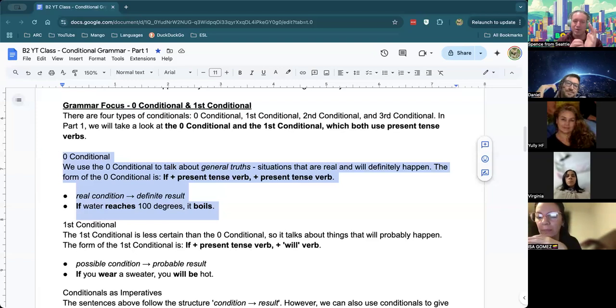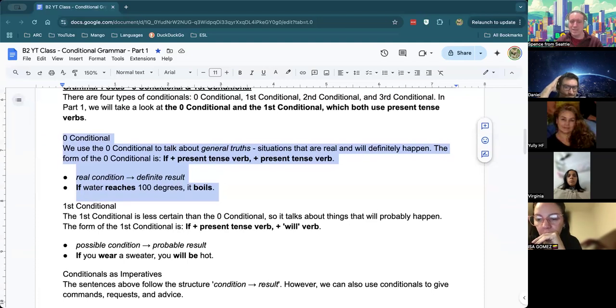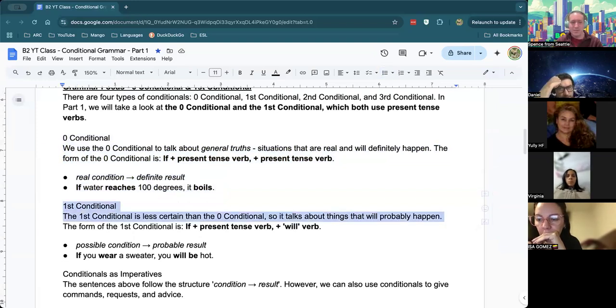So if I eat a hamburger, I get sick. It's always true. That would also be zero conditional. It's not as common. First conditional is a lot more common. And we will hear from Adriana about first conditional.